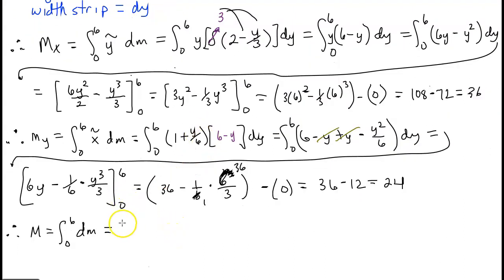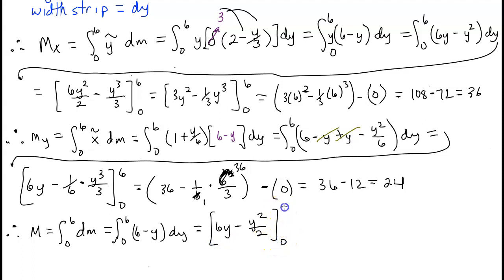So here, this will be 0, 6. This will be 6 minus y dy here. And of course, this will be 6y minus y squared over 2. And that will be from 0 to 6 there. And then, of course, we just plug in 6 in the first term. So 6 times 6 will end up being 36 minus 6 squared over 2.